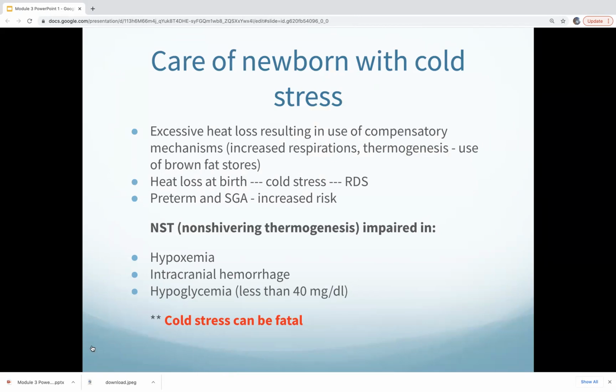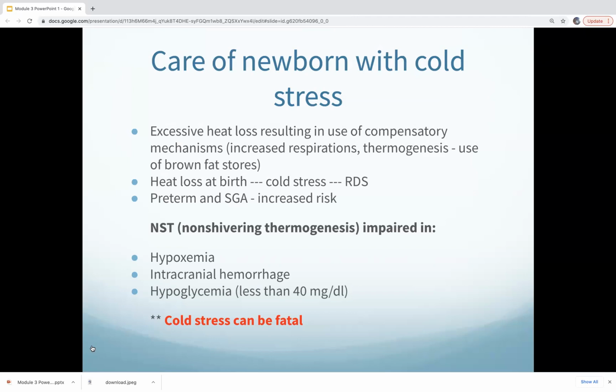It's going to increase respiration, to try to increase the body temperature, try to create heat. It's also going to burn more calories. Hint, hint, hint: burn more calories to use those fat stores. So when they're burning more calories, they're increasing their metabolic rate.